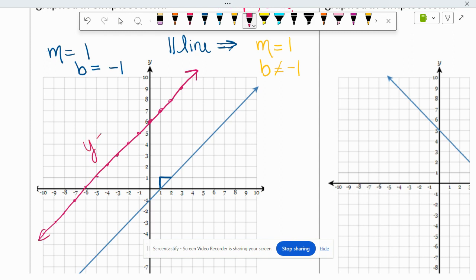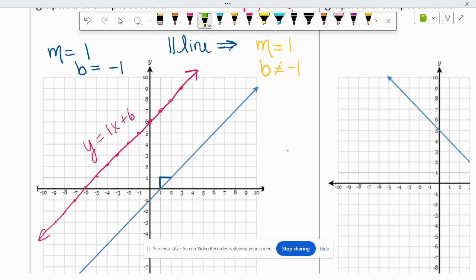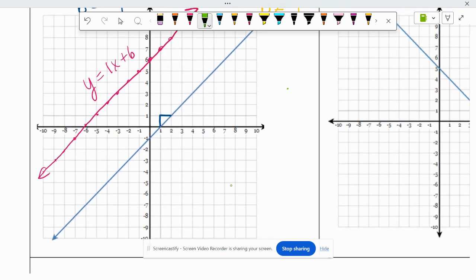So this would have the equation y equals 1x plus 6. What if I wanted to draw my line below it, giving it a negative y-intercept? Okay, well, what if I put it right here at negative 5? Still going to have a slope of 1.